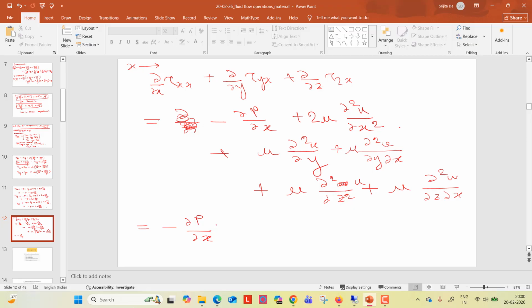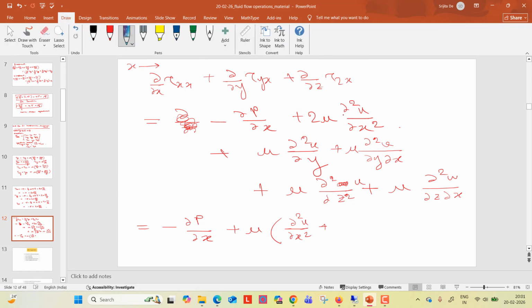And if you take common one mu, from this term one del 2u del x2, plus from this term del 2u del y2, and from this last term it will be del 2u del z2, right?